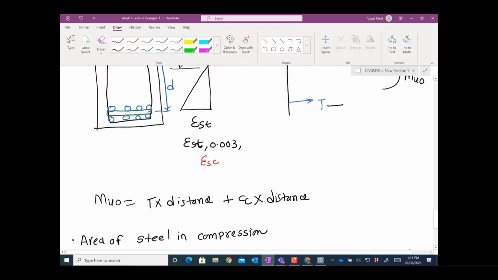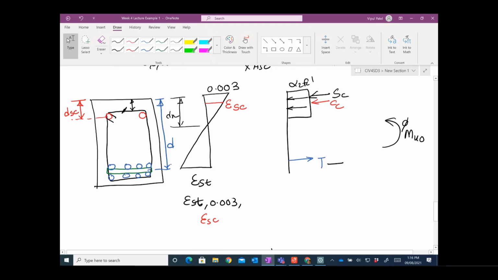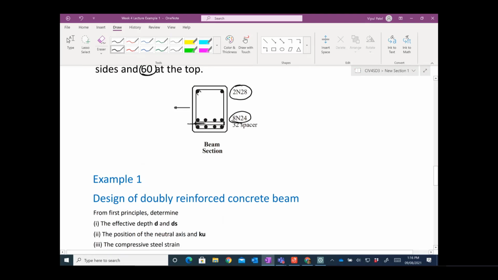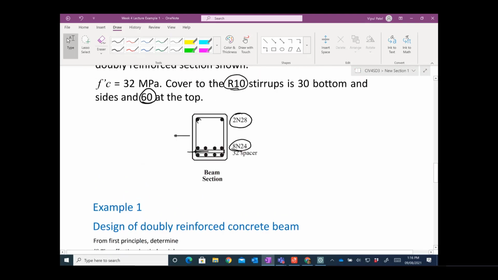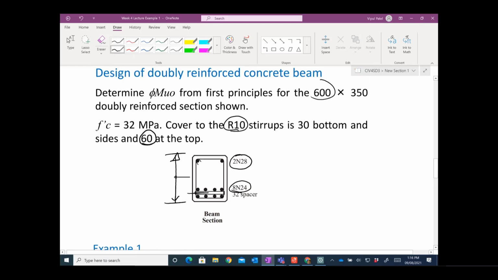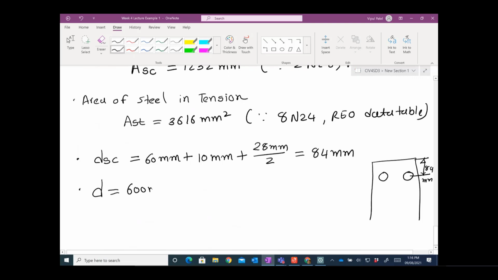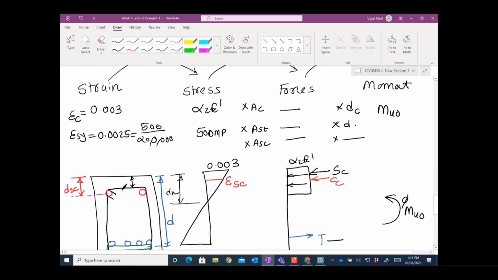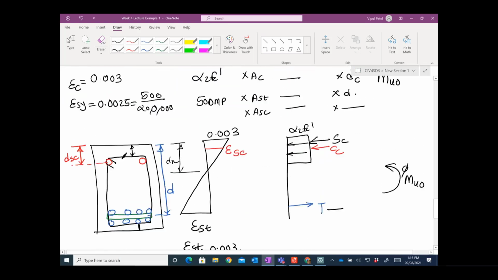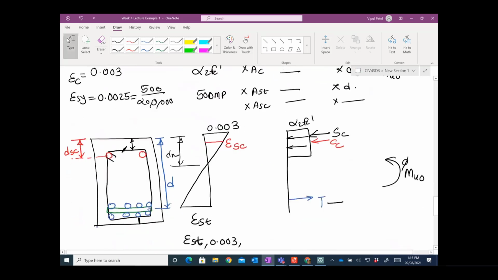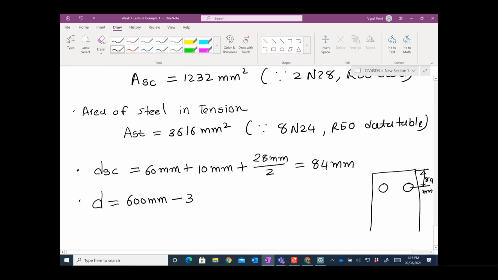Small d. Now this small d, we've done many times, but I think there is a trick here that we need to find: this small d would be measured to the center of the spacer bar. So how do we find that? We will take the whole capital D first. How much was that? It is 600. So let's say the whole capital D is 600 millimeters. Take away the cover, meaning this distance. How much cover do we have? The bottom cover is 30 millimeters, so take away 30 millimeters.